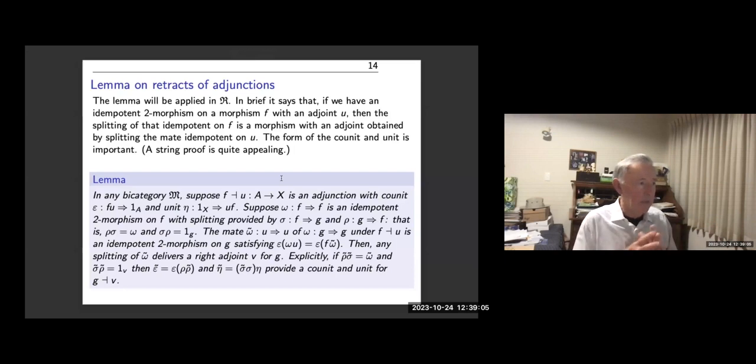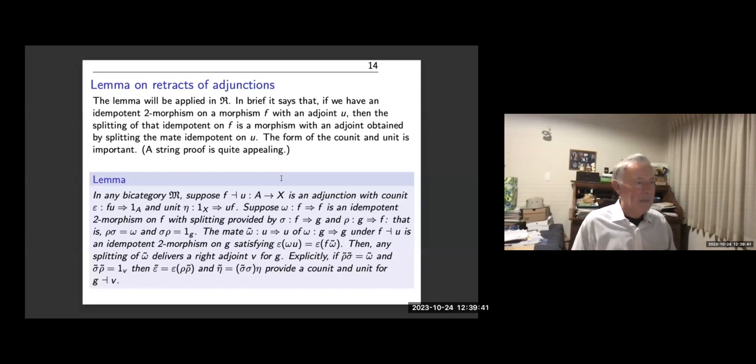This looks like a big lot, probably too big a page, but roughly what it's saying is that if you're in a bicategory and you have an adjunction, and then you have an idempotent on the left adjoint F, say, then there's a thing called the mate, the corresponding idempotent on U. You get a corresponding idempotent on U, because maps from F to F are the same as maps from U to U, back the other way.